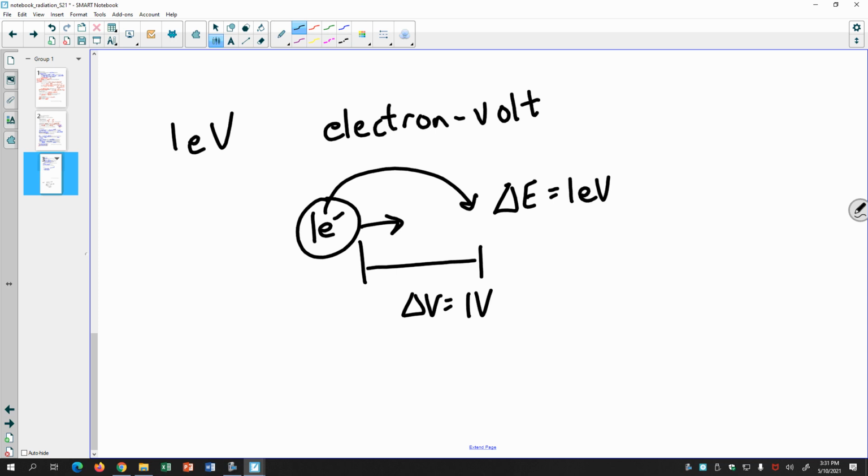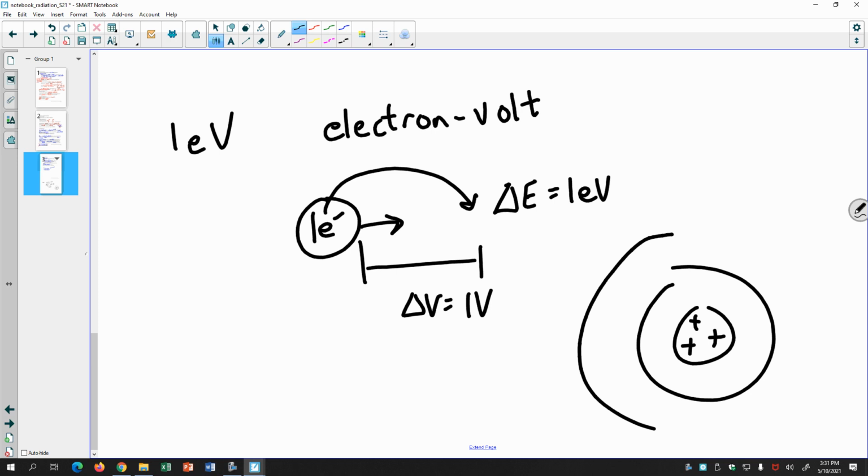But often when we look at electrons changing energy states, remember we have our nucleus, and then we have these energy states. As electrons move from one energy state to another, the change in energy is usually a handful of electron volts. So it's a convenient unit to talk about electrons changing energy states. So two things you need to know.